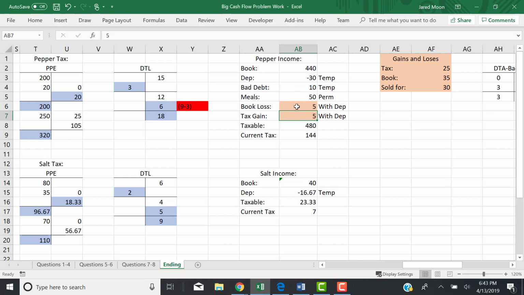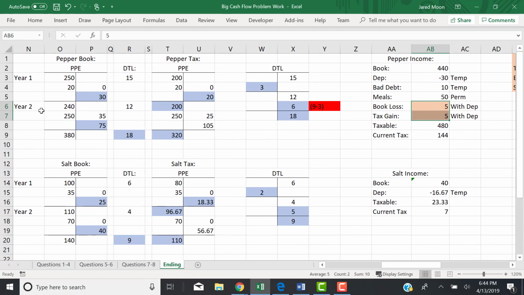Now, this amount had to do with depreciation. We were getting rid of, when we had $25 and $35 of basis, when we figured out both of the gains and the losses, we had depreciation in there, too much for tax and not enough for book. And so when we add those two together, that's how we get the 10. It's as if we were debiting that depreciation amount.